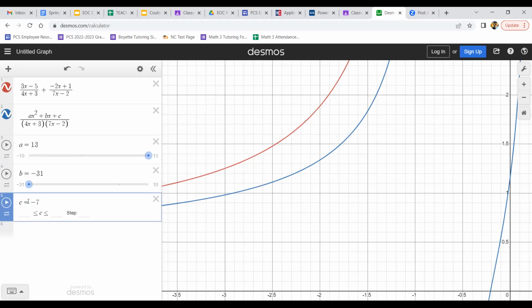Now, on this test, you can take the time to do tedious Desmos work because there are 60 problems and you can take 4 hours on the test. It will not take you that long. The regular test administration is 3 hours, 180 minutes. Most students don't even take that long. If you're not done in that time period, they can move you to another room and give you an extra hour.